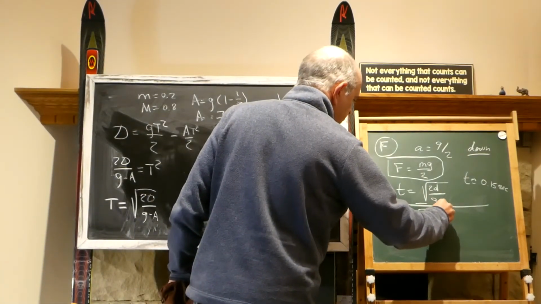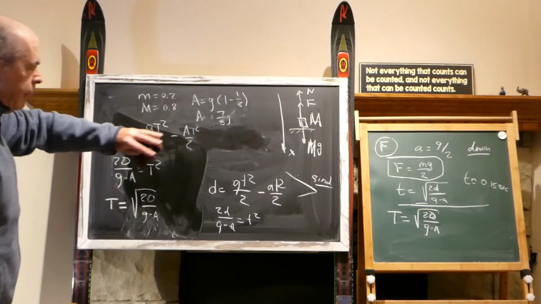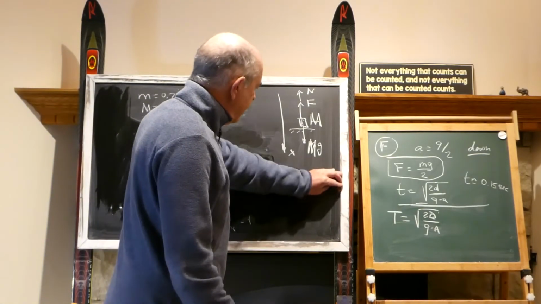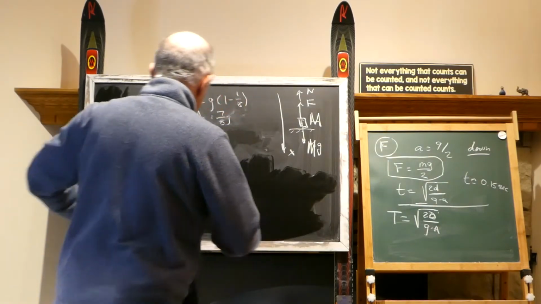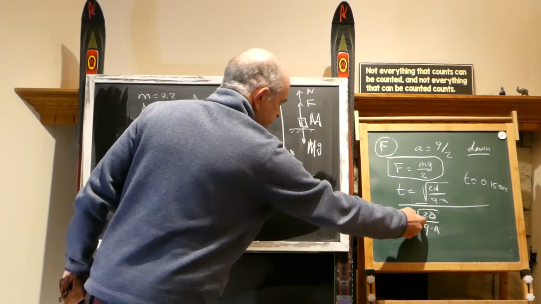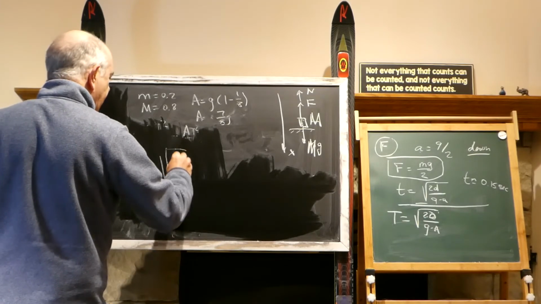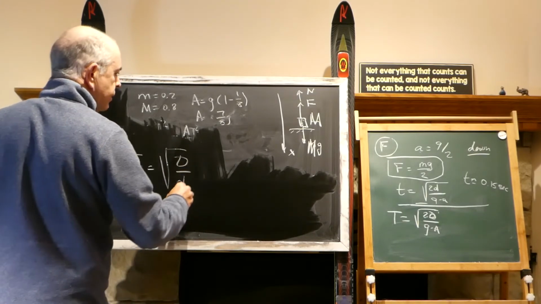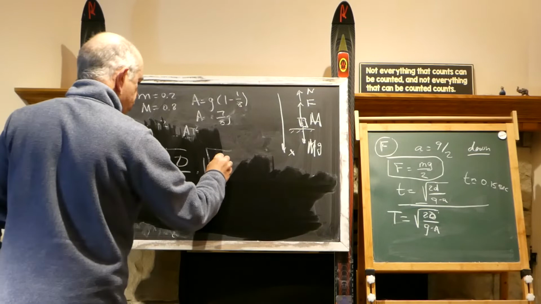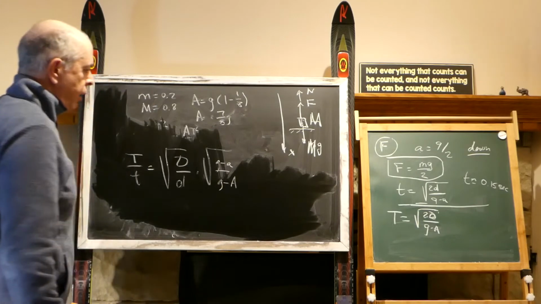So that's fantastic, because now I can forget about all of this and I can compare one over another. I can divide time t capital over t, and I will have this divided over this, and this would be square root of d capital over d lowercase, multiplied by square root of g minus a over g minus a capital, if I'm not mistaken.